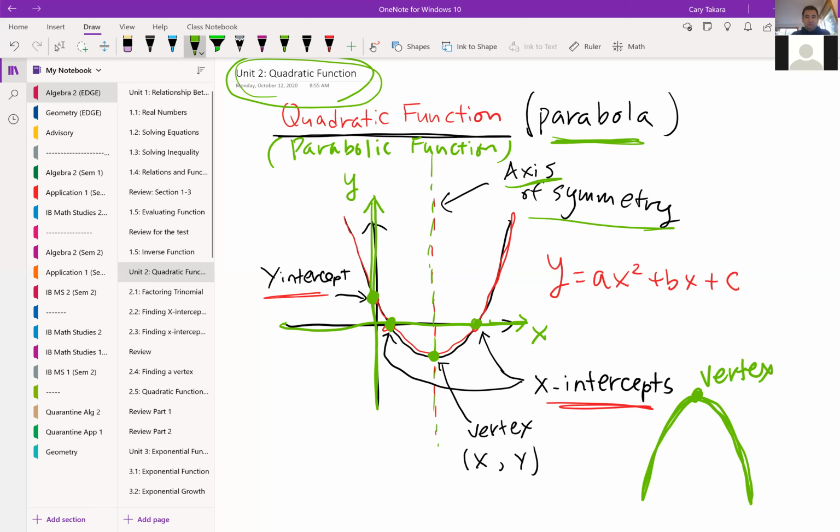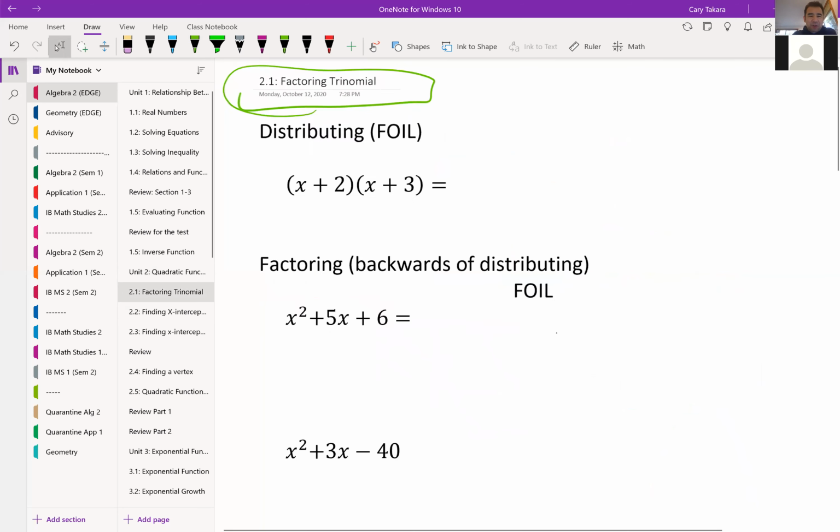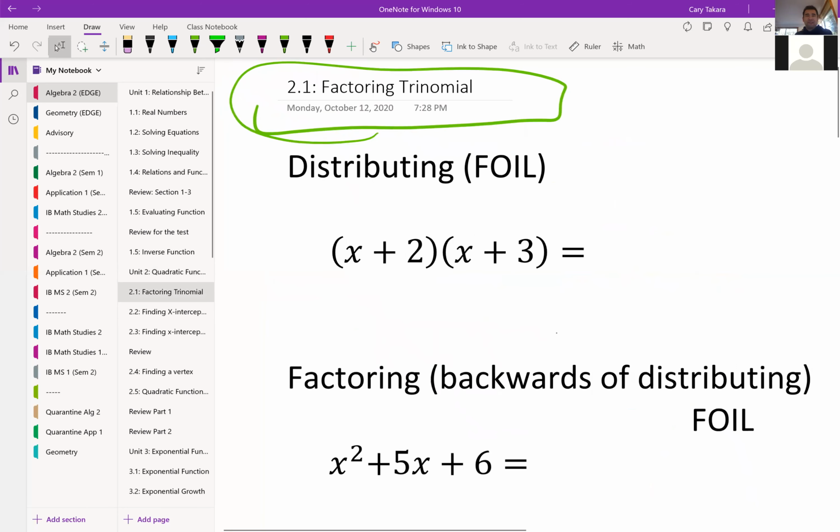But first, can we guys move on? So 2.1, here it is. What we're going to do first is work on factoring. Okay, so this is what we're going to do today. Factoring trinomial. Now, why is that?